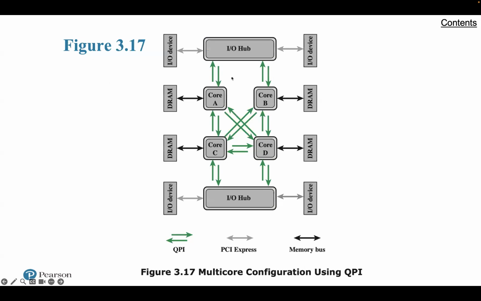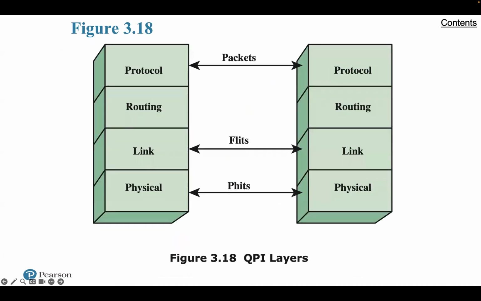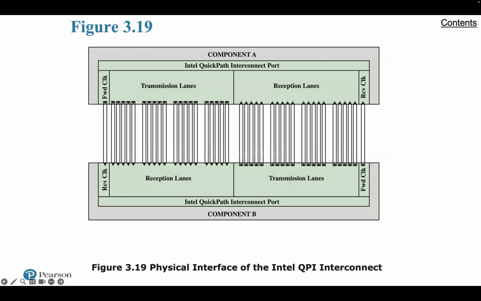Here's an example of those multiple direct interconnects in a multi-core configuration, and an illustration of the layers that make up the way it is done: the physical link, routing, and protocol, the ways that you can be connecting between components.